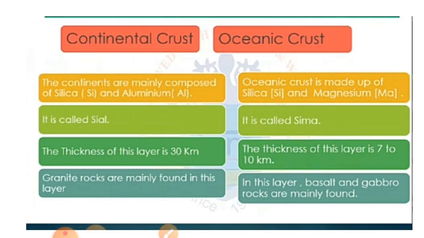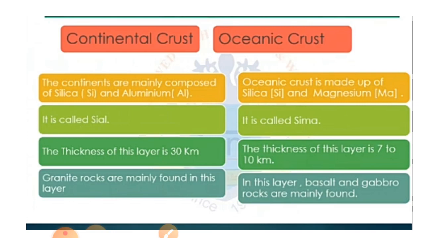So it is known as Sima. This layer is approximately 7 to 10 km thick. The density of this layer is 2.9 gram per centimeter cube to 3.3 gram per centimeter cube.